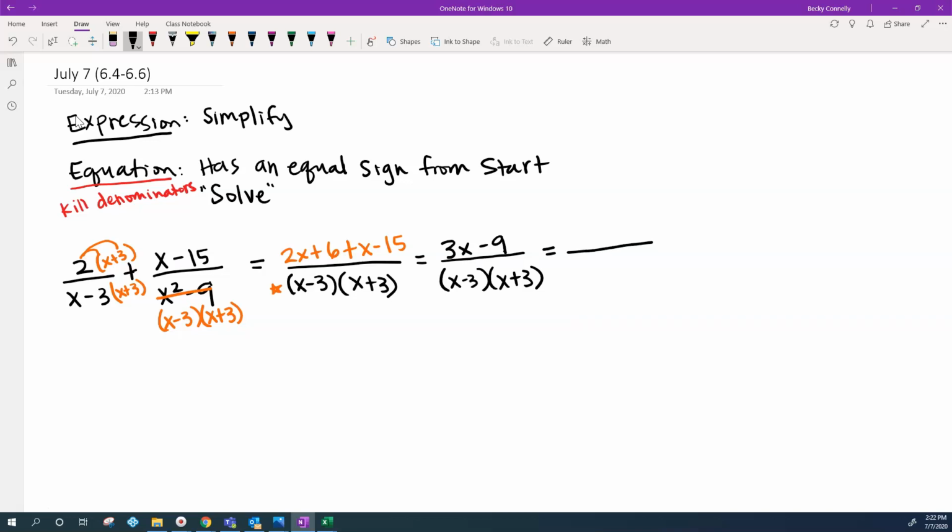Then I can see on the top that there's a greatest common factor of 3 that could be factored out. And the very last step is where I want to do any simplifying. See, everything now is connected by multiplication, 3 times this times this.